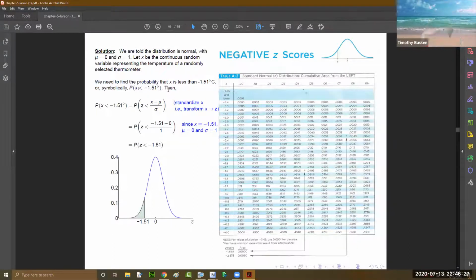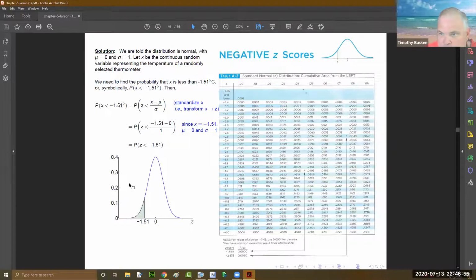So we need to find the z-score of x equals negative 1.51 with the z-score formula. We plug in, and we get negative 1.51. So this is a special case where the values of x will also be equal to the values of z, but that doesn't always happen.